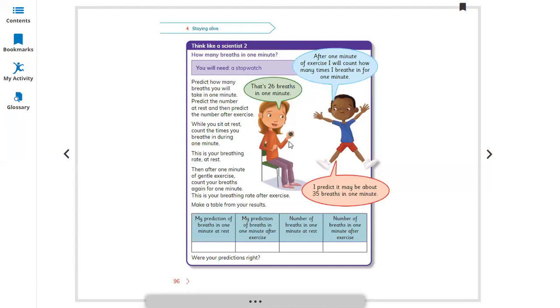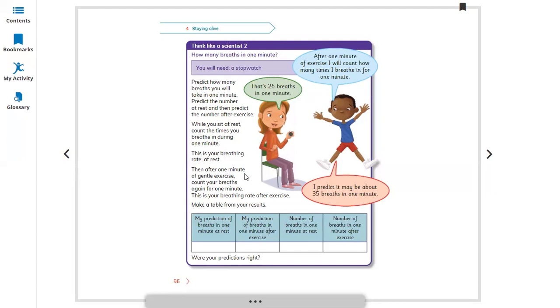When you're sitting, obviously you're breathing, so you need to count it. It's maybe 25, 26, 27, near it. It may not be exactly 26, 28 may come, or 24, just near to around 26. So this is your breathing rate at rest, at normal body position.